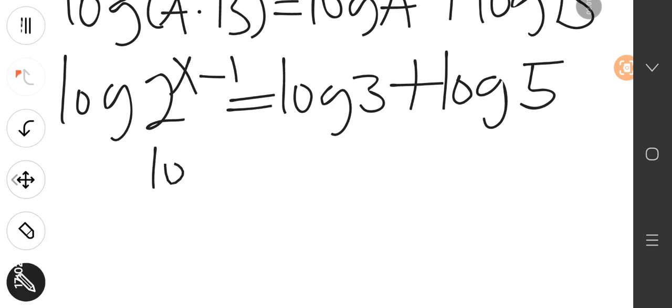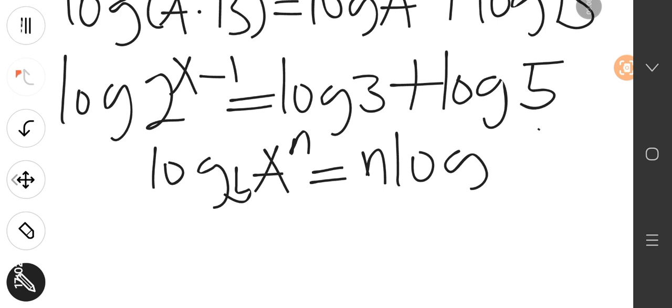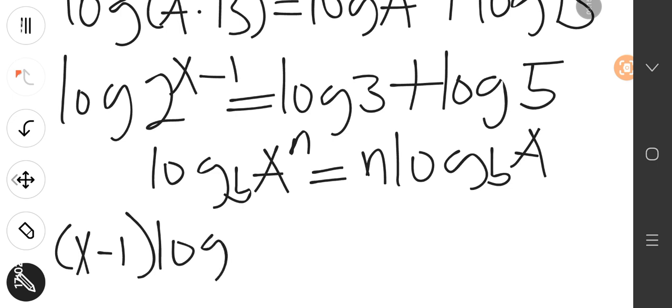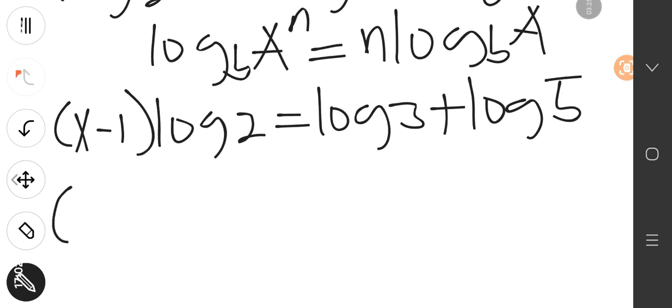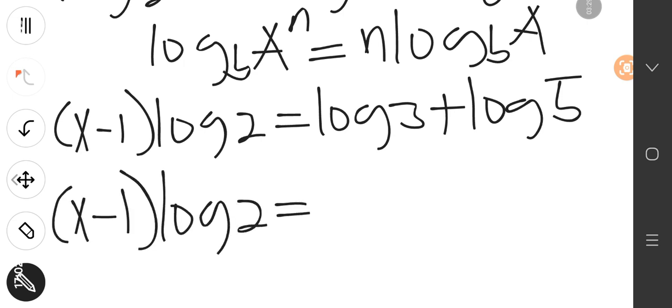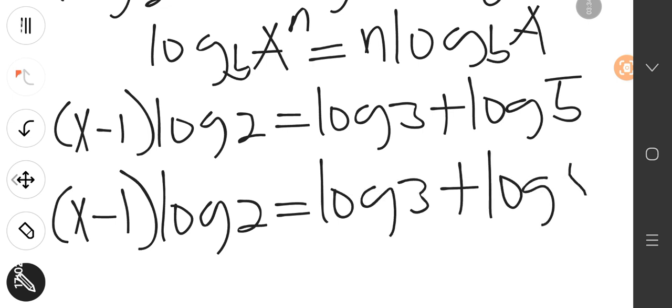If you have log a exponent n, this is equivalent to n log a. So our equation becomes x minus 1 times log 2 equals log 3 plus log 5.